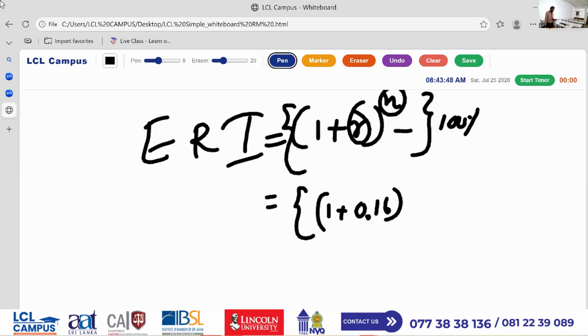N is number of years, but in this question no number of years is mentioned here. Ramya deposited 100,000 in the bank at an interest rate of 16% per annum. If the interest is compounded quarterly, the annual effective rate would be. It does not mention the number of years. What is N and what is R I want?